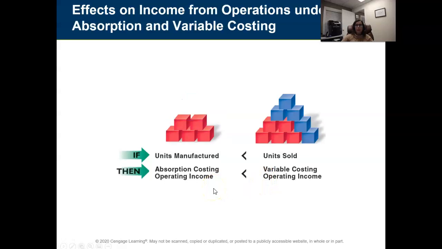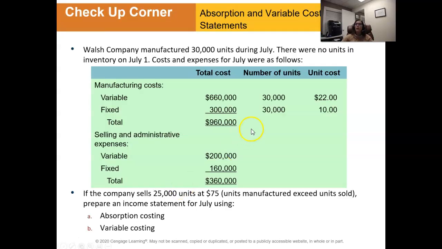And probably not shockingly, the opposite is true if we manufacture less than we sell. We've got lower operating income under the absorption costing method than we do under the variable costing method.